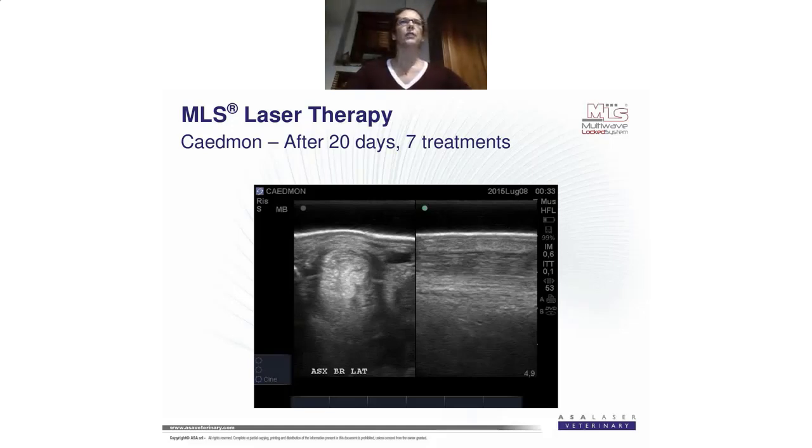And this was only after 20 days, 7 treatments. And after other 2 months, it was possible to start the normal activity of the horse, and he returned to be a show jumper within 3 months. So I think never a recidive was seen on this lesion. So it was really very interesting.